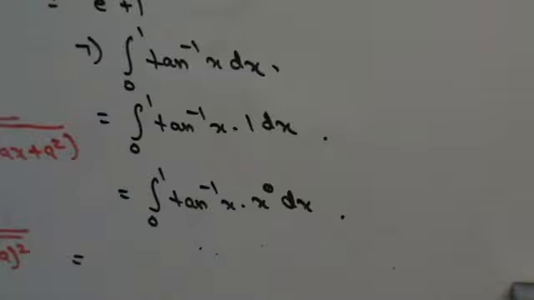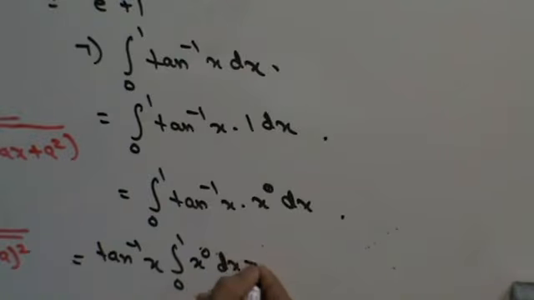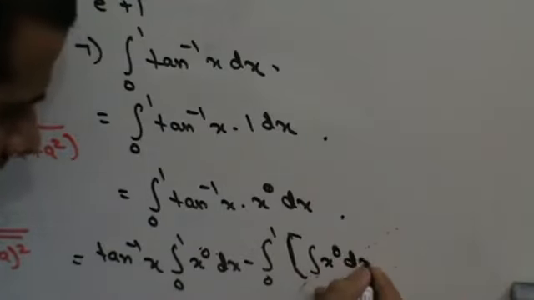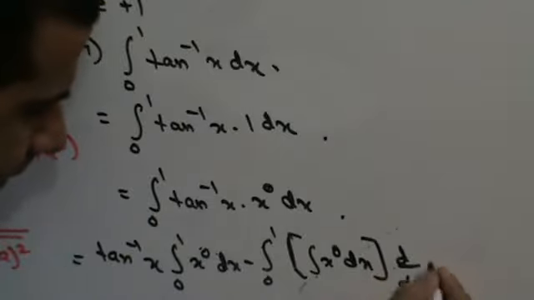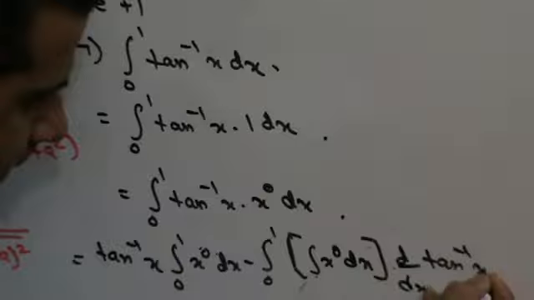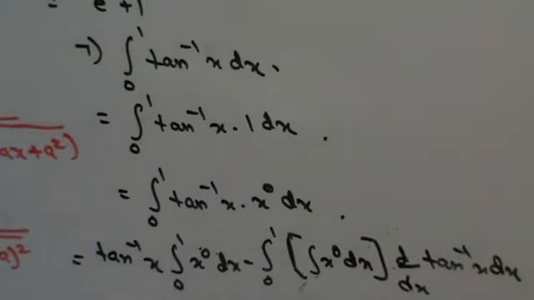So here inverse and this is exponential, right? So this is u, integral of v minus integral of v, derivative of u. Right?